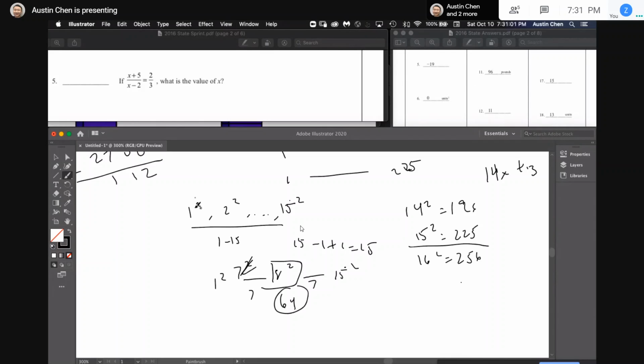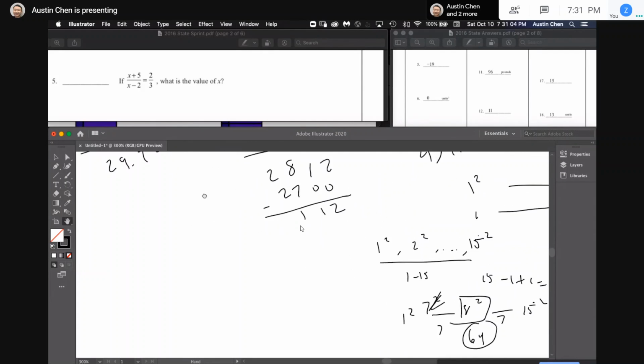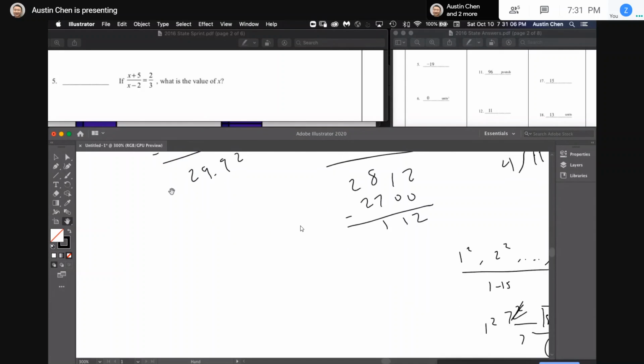Okay, let's move on to number 5. If x plus 5 over x minus 2 is 2 over 3, what is the value of x? We can cross multiply.